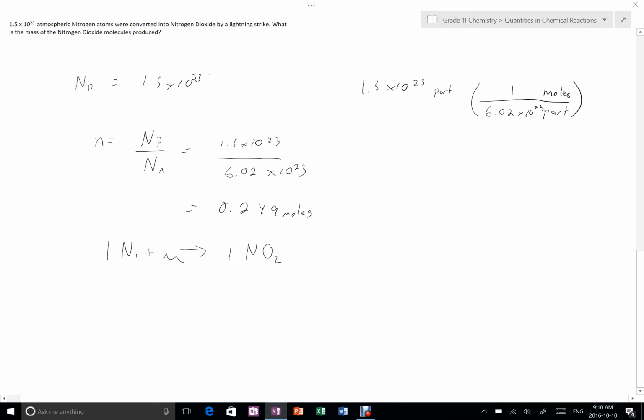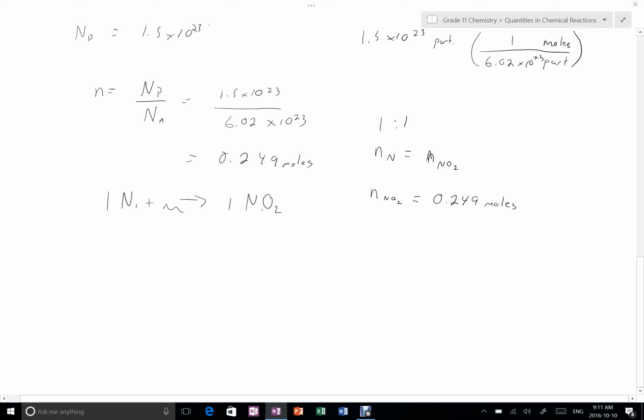So my number of moles of nitrogen is equal to my moles of nitrogen dioxide. So I don't have to do anything with a ratio. Don't worry, in upcoming videos I will deal with a ratio here. But this is a 1-to-1 ratio, so there's nothing to convert here. So the moles of nitrogen dioxide are going to be 0.249 moles.